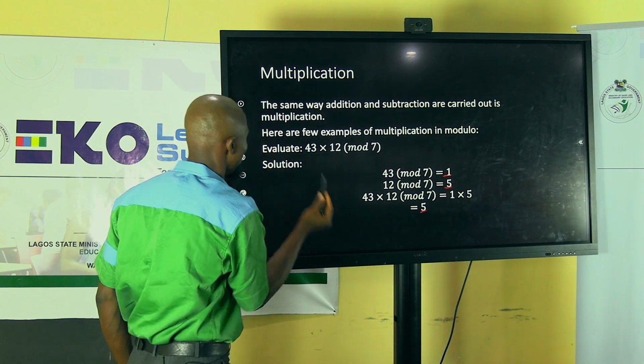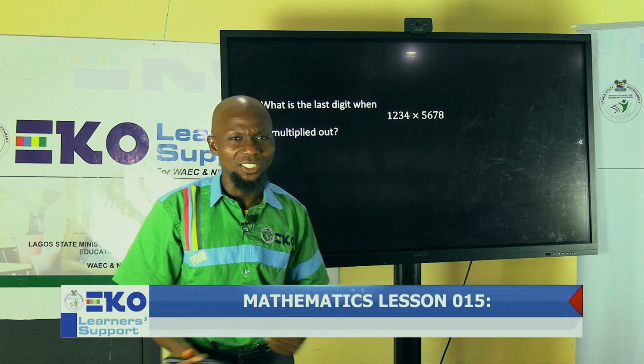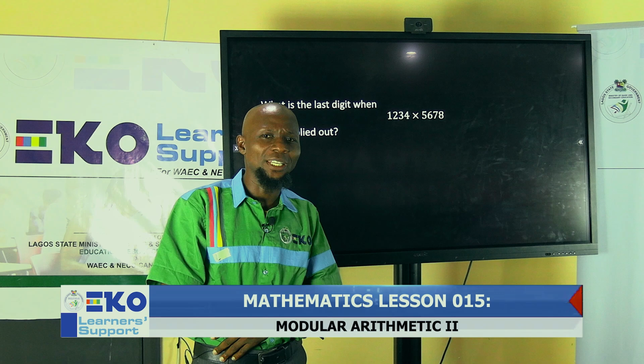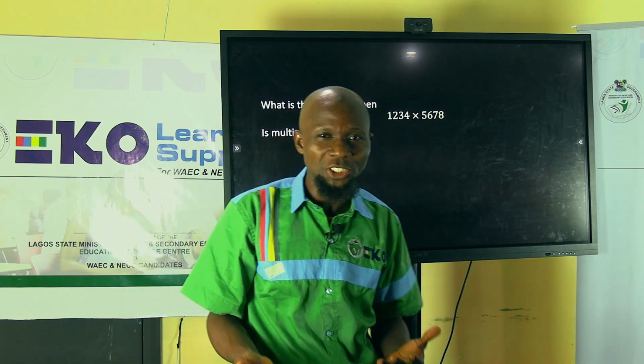Then the next one is, what's the last digit when 1234 is multiplied by 5678? So how do you think of that question? How do you know the last digit in a number? The last digit is usually the unit digit.